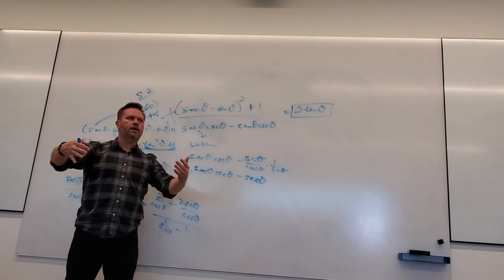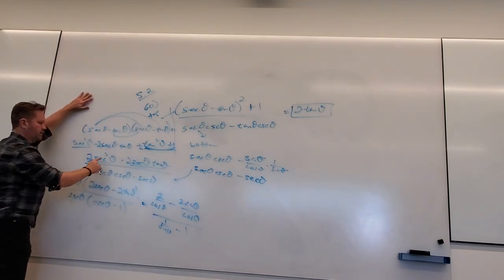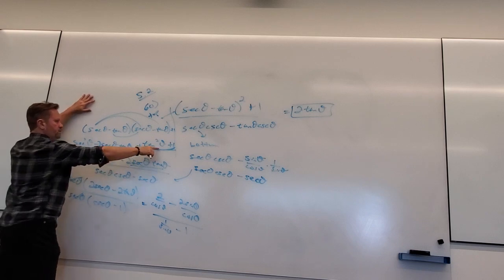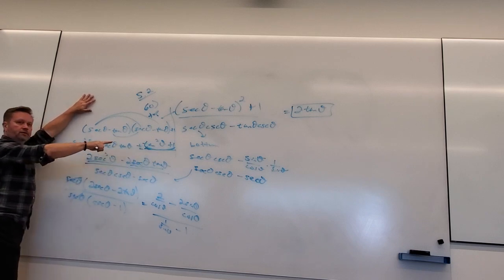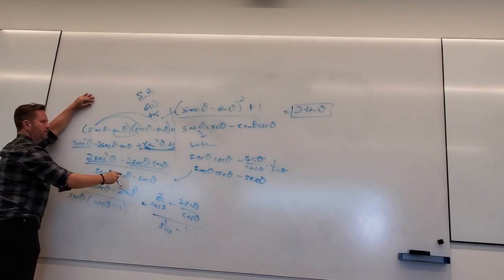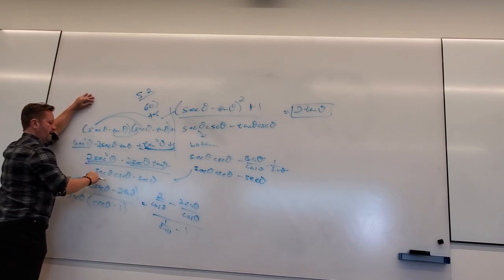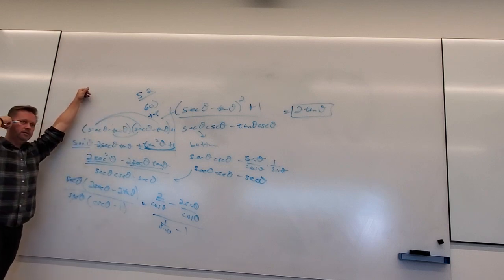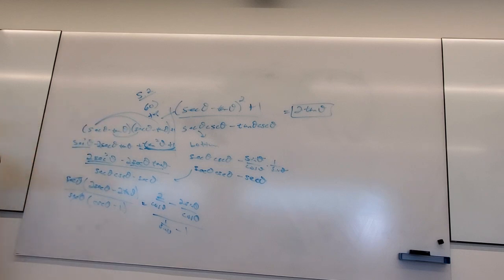So once I FOILed it, I had squared stuff, and then I could do Pythagorean identity stuff to it. Then I noticed the bottom and the top have things in common, and I can cancel those. So every step, it was all about what's going on now: is it an identity, does something cancel, is it two fractions I can put together? It's all about what I can try to do.